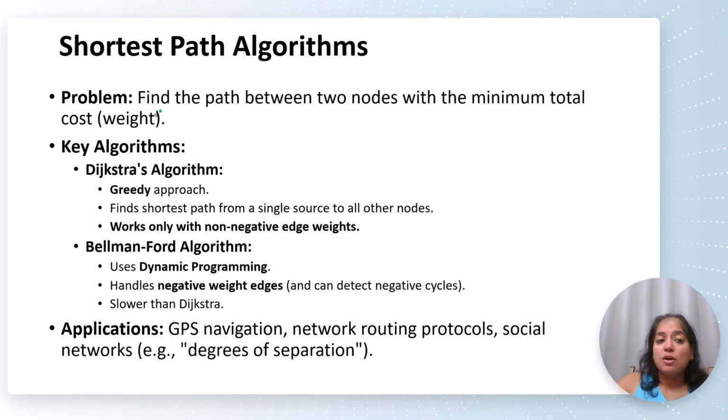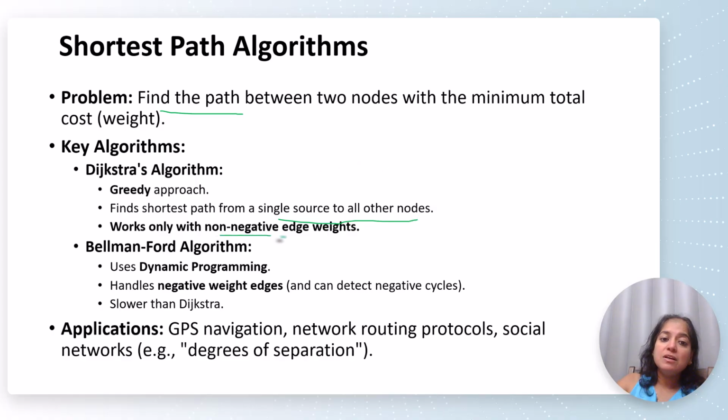So there we use the shortest path algorithms. The problem it addresses is to find the path between two nodes with the minimum total cost, which is the weight. The key algorithms we use are Dijkstra's algorithm and the Bellman-Ford algorithm. Dijkstra's algorithm is based on the greedy approach and it is a single source shortest path, which means that from a single source, it will find the shortest path to all other nodes.